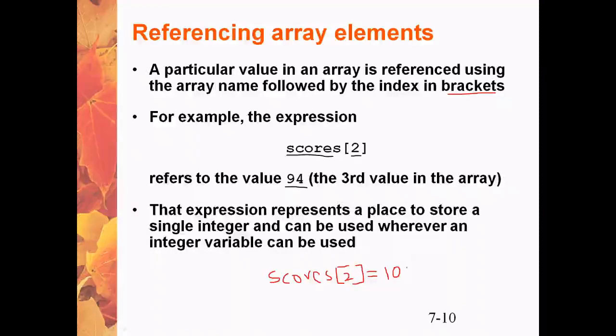So I may say 100. Here 100 is stored in the array variable scores at location 2, that is, the index position. Remember, this 2 represents the index position of an element. Okay, this is about referencing array elements.